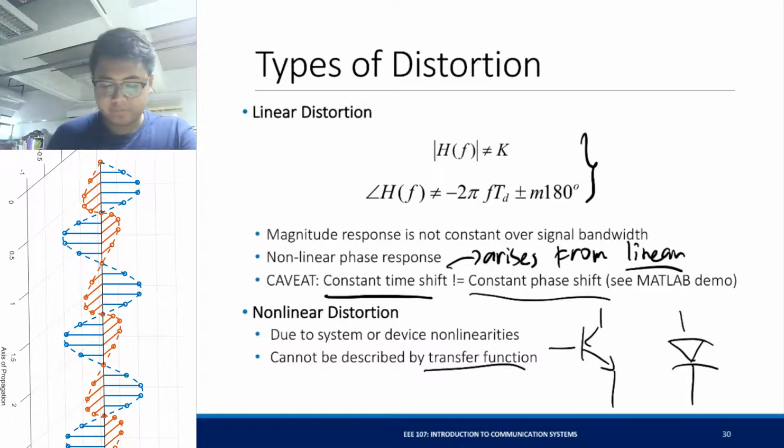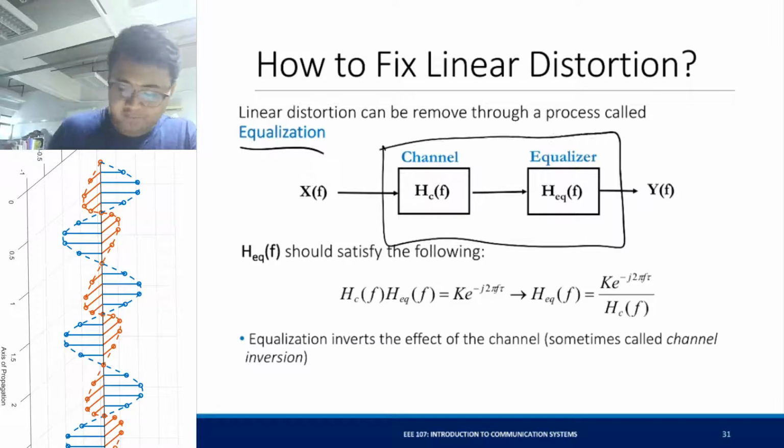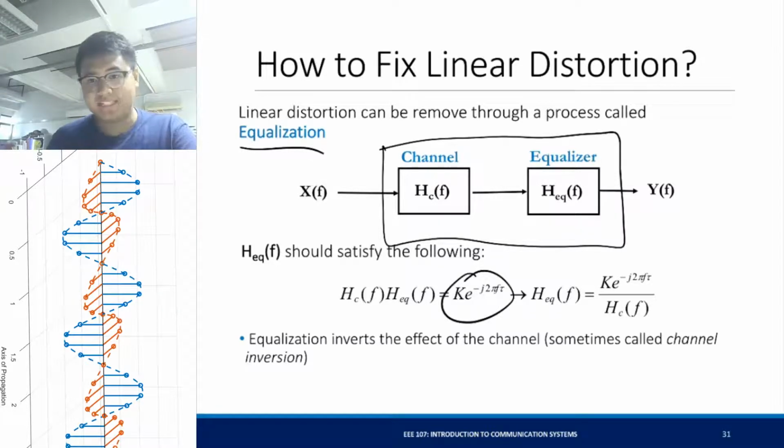Okay? So how do we fix distortion? First, let's look at linear distortion. If we have a channel that is non-ideal, right, introduces distortion, then we can remove the distortion by what we call equalization. Using the process of equalization, we use an equalizer to basically make the total response of the system be equal to this. That's it.